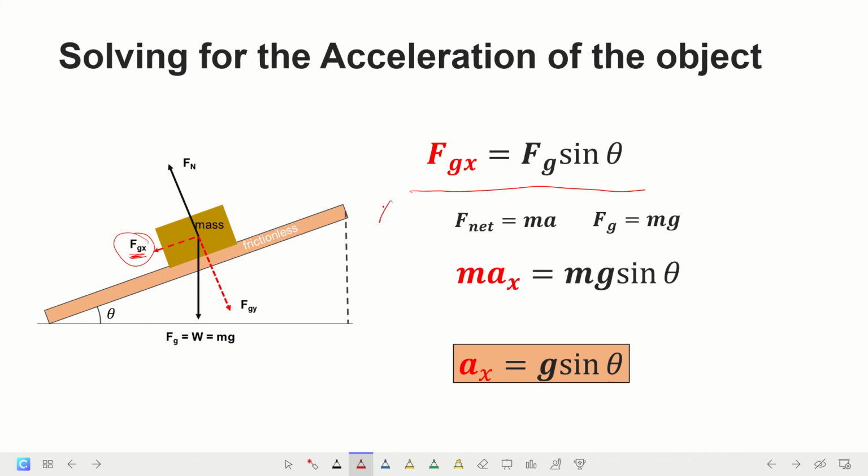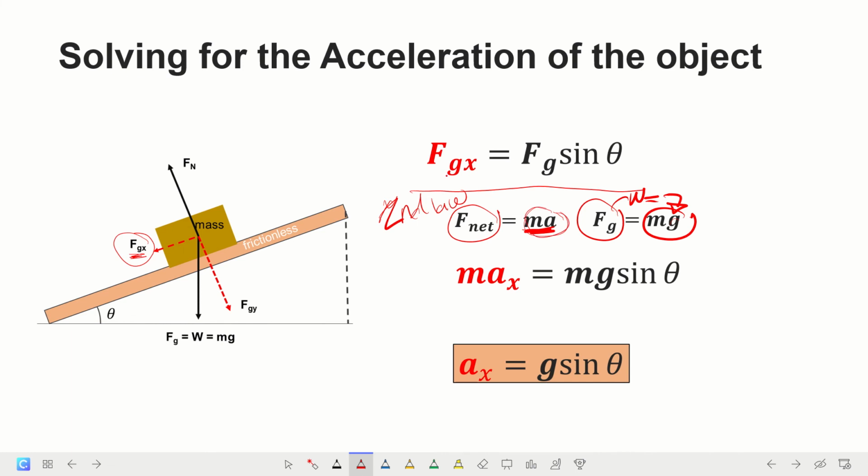From Newton's second law, we know that net force is equal to mass times acceleration. And we also know that the force due to gravity, or the weight, is equal to mg, mass times the acceleration due to gravity. So we can substitute this equation to here.